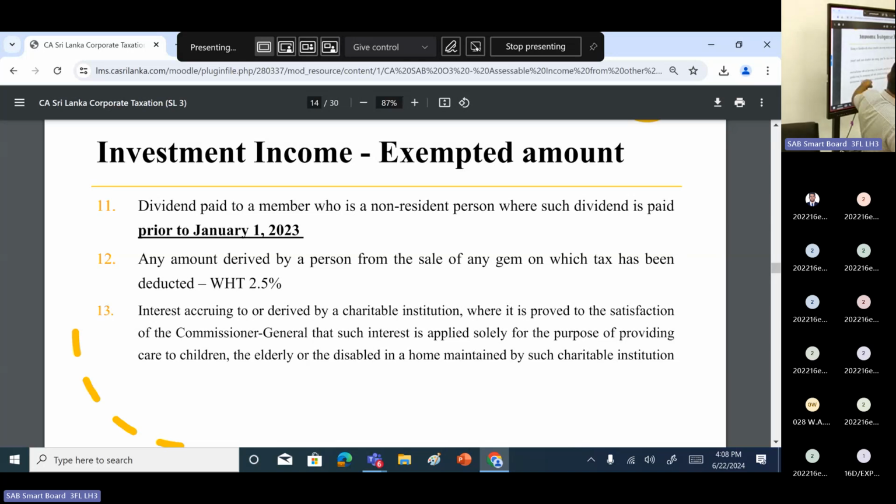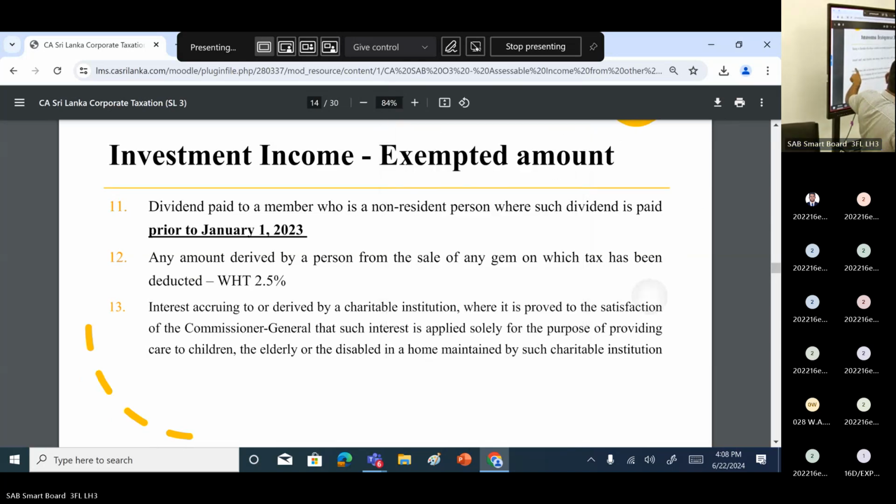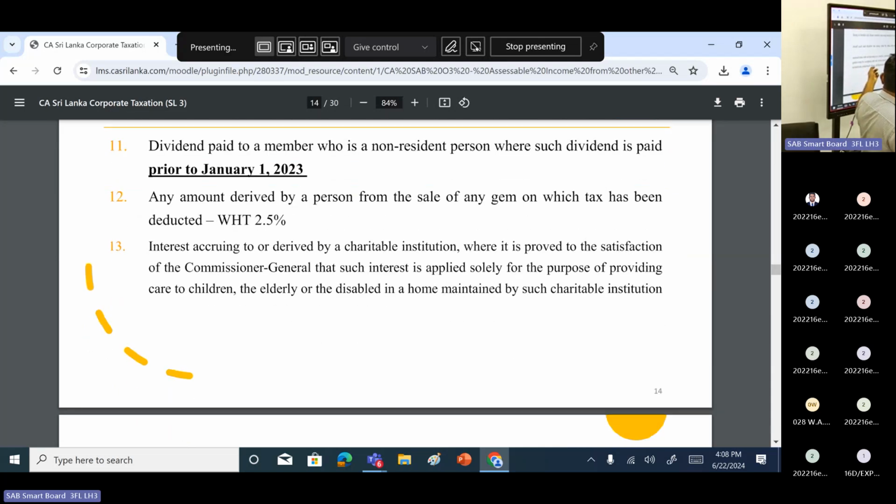Right? Interest earned or derived by a charitable institution, if they prove to the satisfaction of the Commissioner General that such interest is applied solely for the purpose of providing care to children, the elderly, or the disabled in a home maintained by such charitable institution.